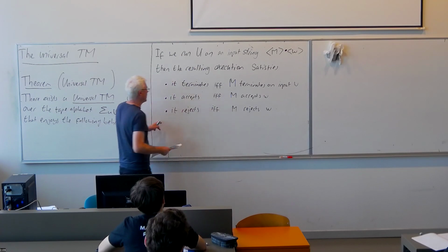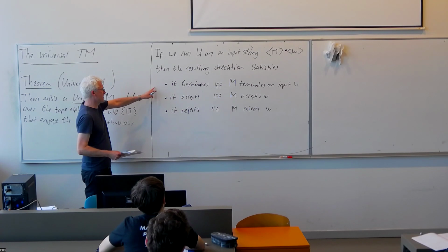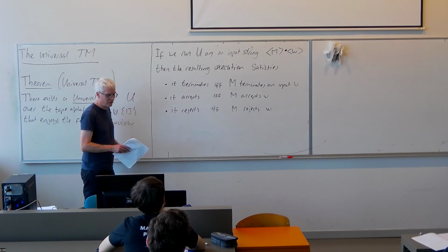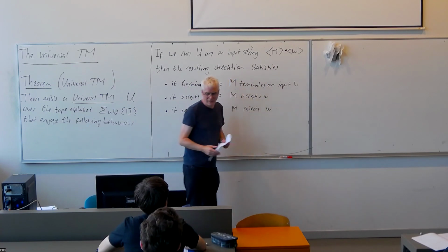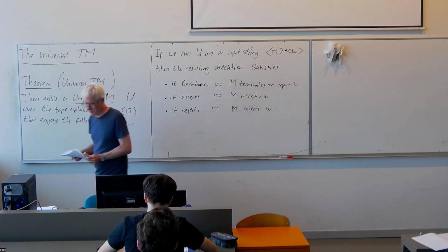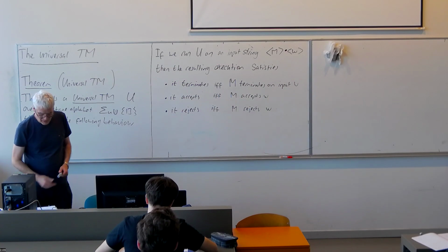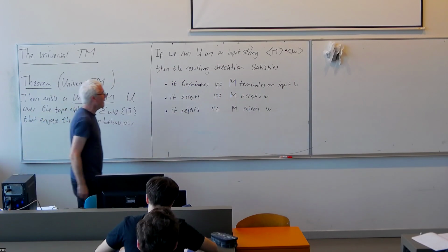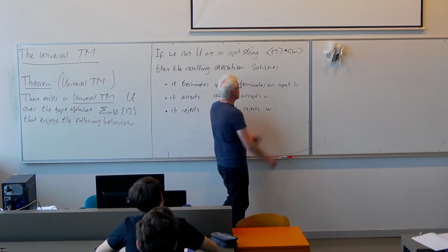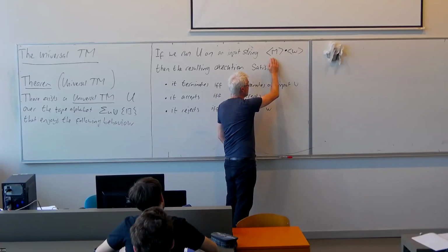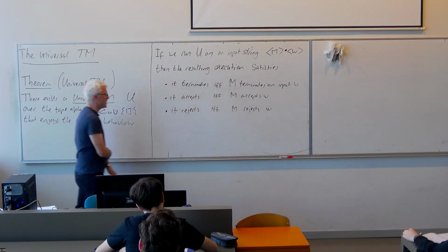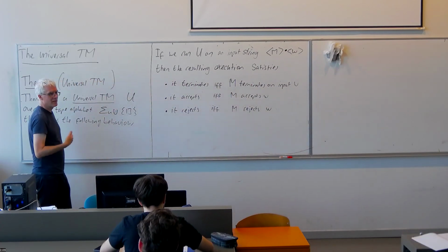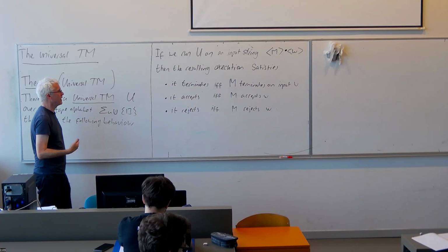Right, we're going to look a little bit at how one defines the universal Turing machine. We already have the encodings here, so we want to say how the universal Turing machine executes. Basically, you give it an input string, and that's the encoding of the Turing machine together with the encoding of an input word. And we want the execution of the universal machine to simulate the execution of that.